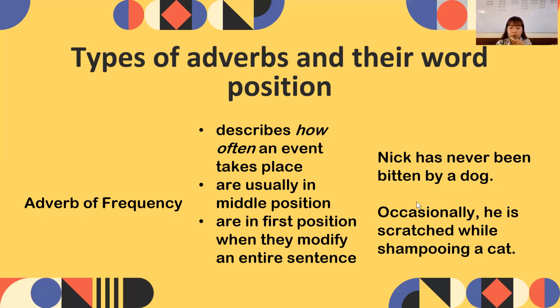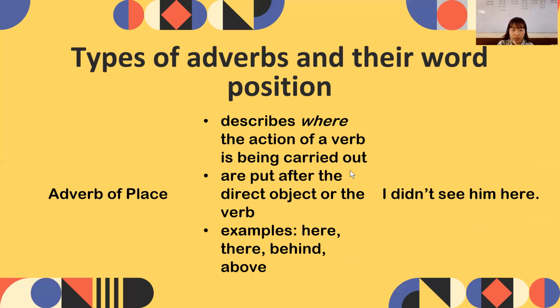Sentence adverbs are usually placed at the beginning of the sentence when they modify the entire sentence. Some other examples of sentence adverbs are hopefully, fortunately, unfortunately, generally, ganun. Okay, so that is another rule, kumbaga, for word order concerning your adverb of frequency.